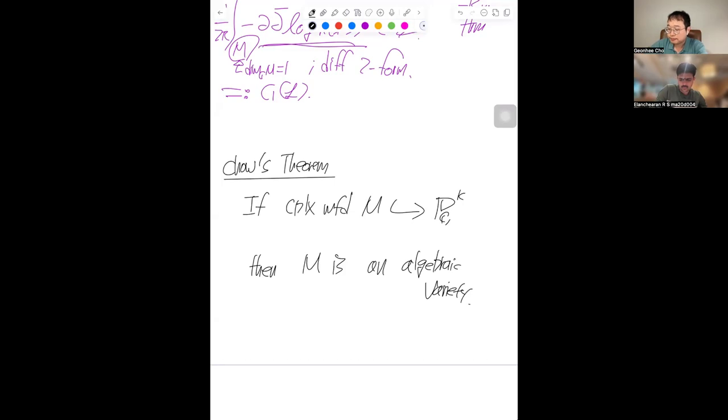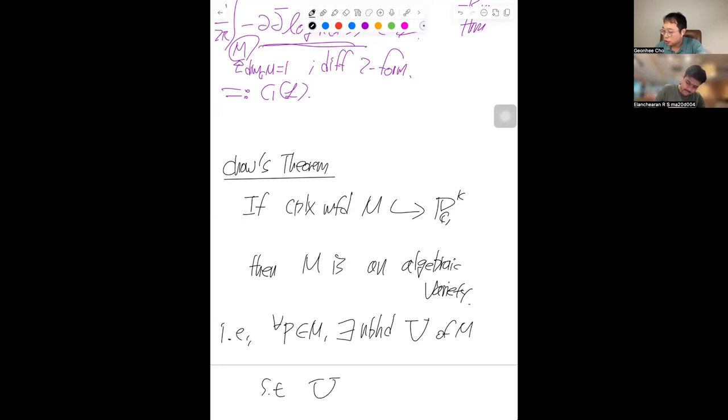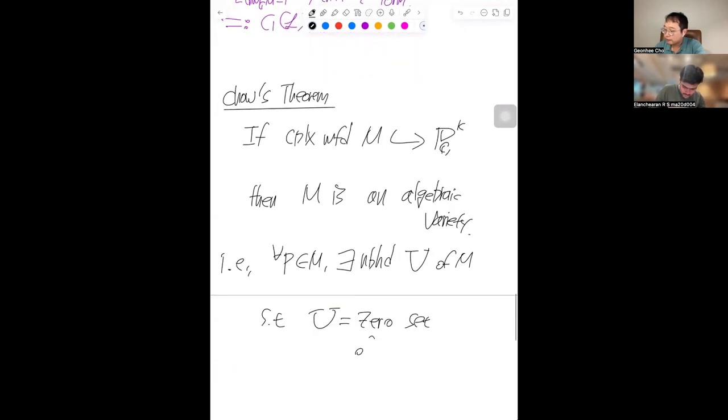This means for any point, we can find a neighborhood U such that, nearby, it can be written as a zero set of homogeneous polynomials.